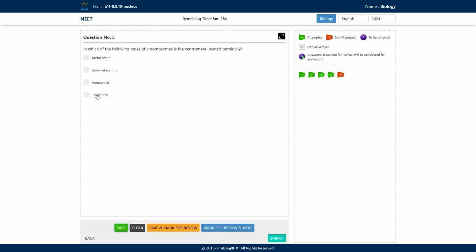Telocentric is the correct answer, means option number D. Clear? Here the centromere is terminal.